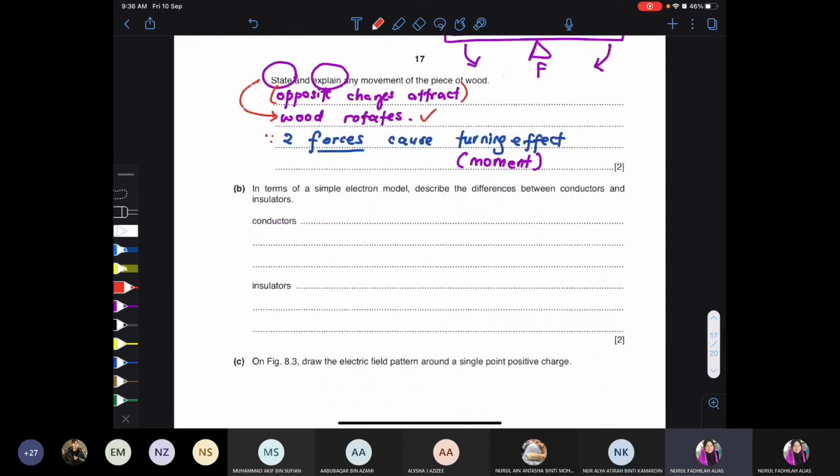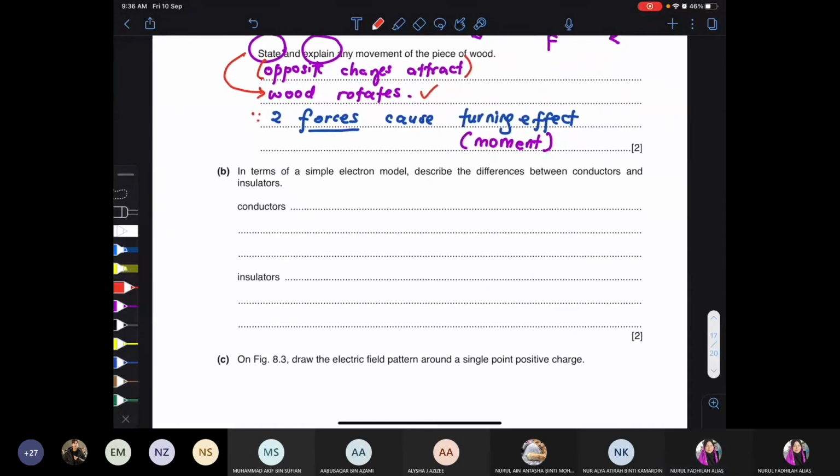In terms of the simple electron model, describe the differences between conductors and insulators. Okay, so this is the basic concept of the electric or charges topic. Are there differences between conductors and insulators?